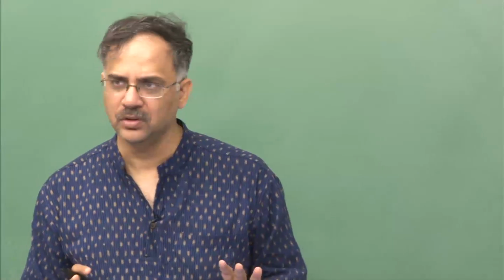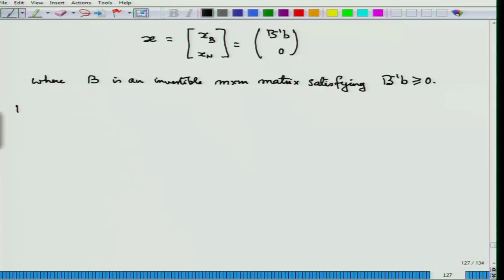But in general, I can always write a point with some zeros, some non-zeros. So, let me just tell you how to go about proving this very important result. Now, let me do the proof.